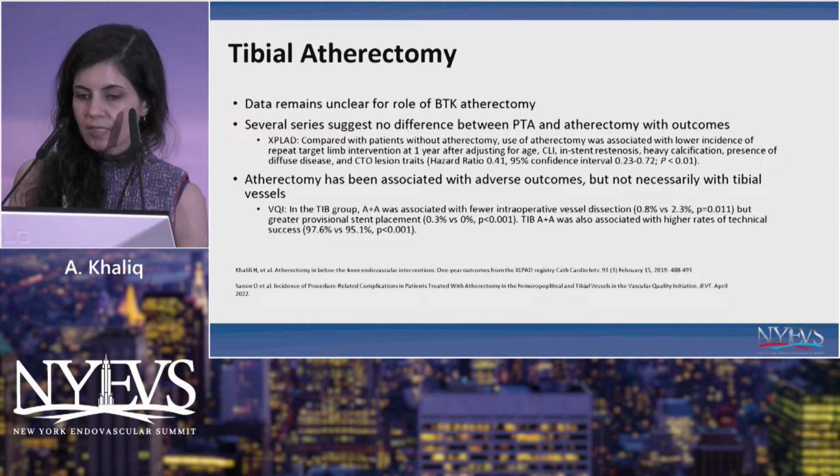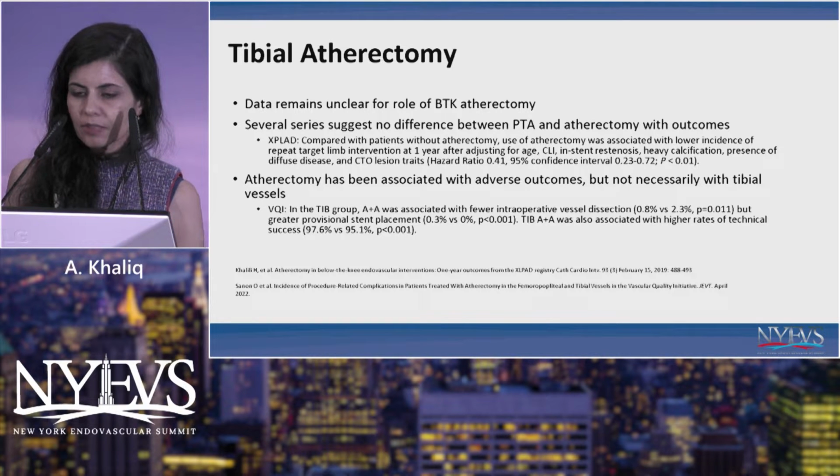and presence of diffuse disease and CTOs. And this other paper, which is also interesting, was published in April of 2022 in the Journal of EVT. It showed, obviously, as we know, associated adverse outcomes with atherectomy.